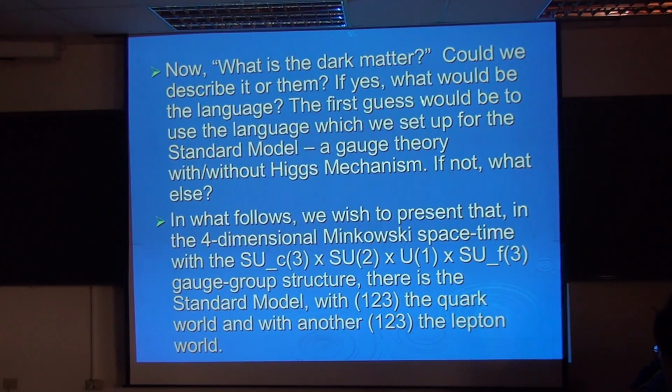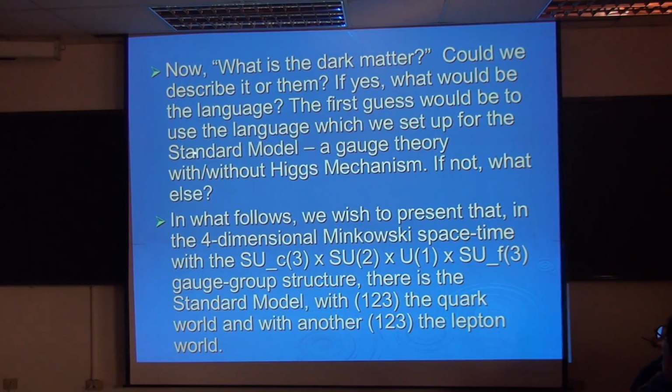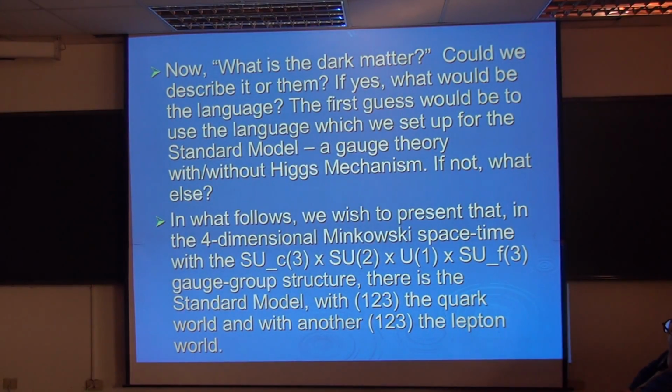So the first guess is to follow the QFT language. In other words, we try to solve for the standard model, in fact gauge theory, with or without Higgs mechanism. If not, what else?